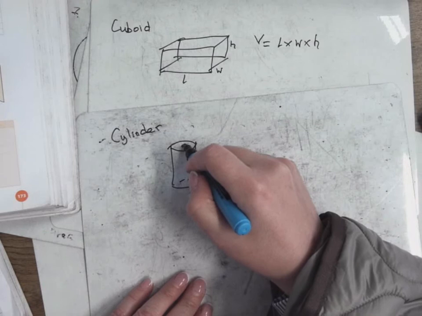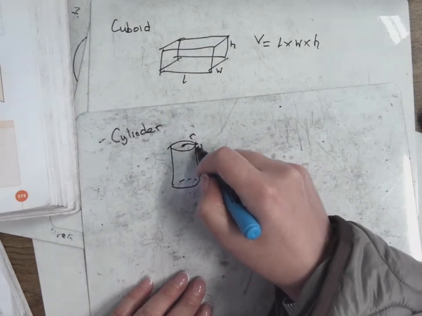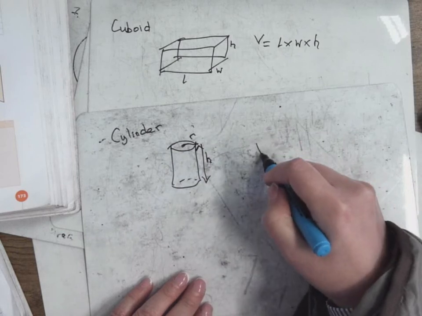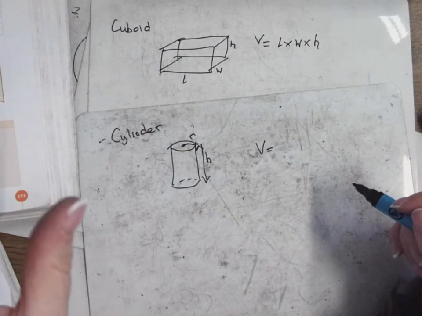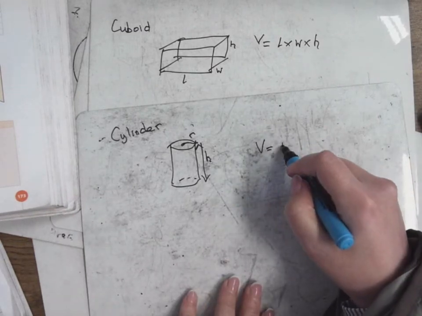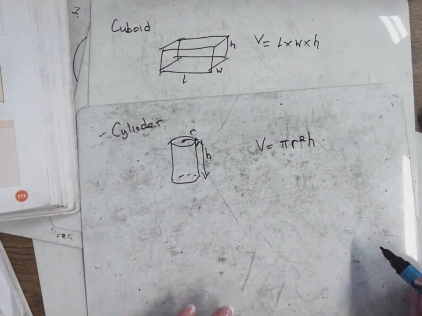So you need the radius of that circle, right, and you need the height, right, and the volume is equal to, right girls, this is the first one that's in the log tables. So the volume is in the log tables, it's pi r squared h, right, okay.